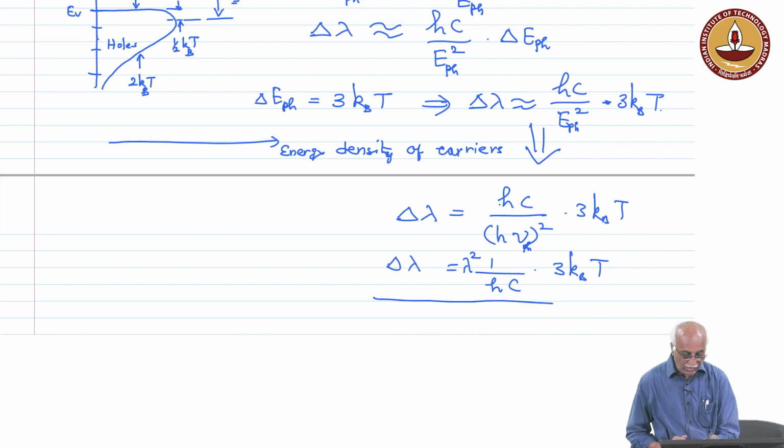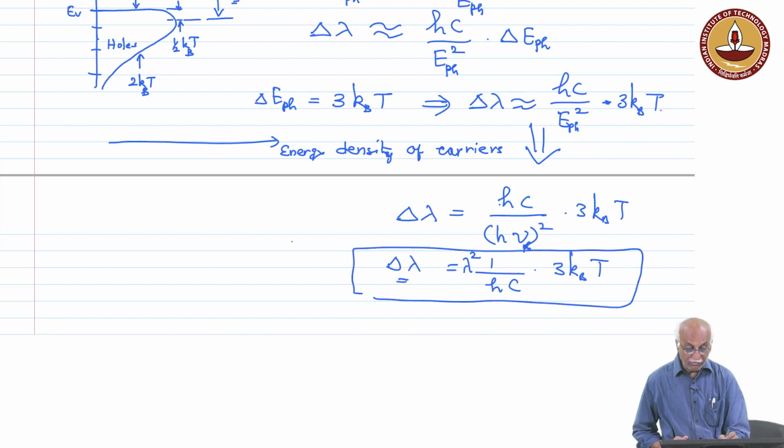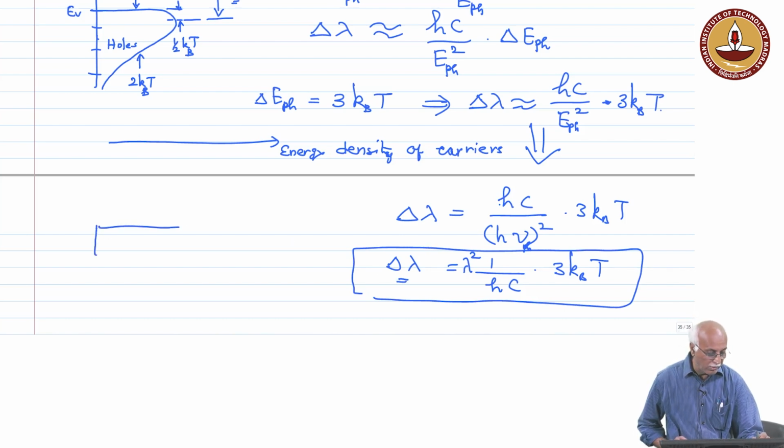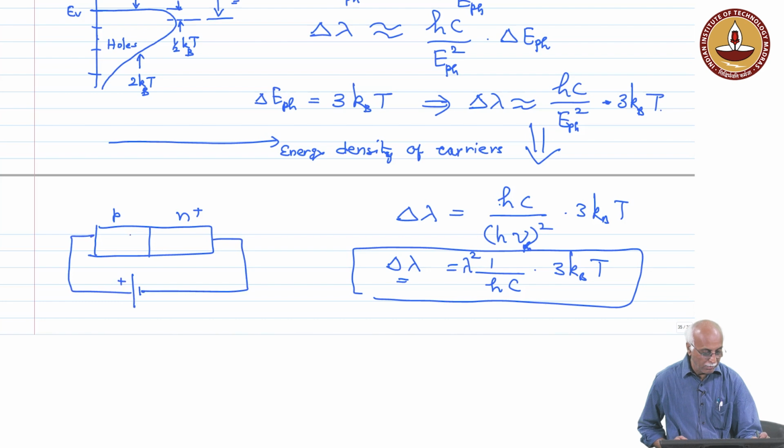Now, you can see the spectral width of this light which is emitted from the diode. The diode is nothing but, let us say, a P-n plus junction. When we apply forward bias, what will happen?